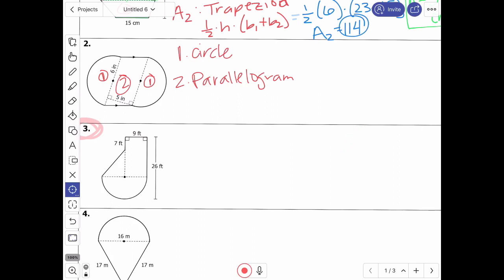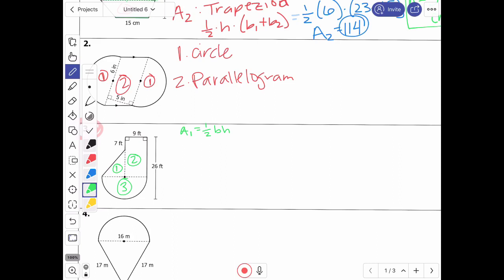For 3, I automatically see 3 regions. So I see a triangle here, 1. I see a rectangle, and I see a circle, or a half circle. So for the area of figure 1, my triangle should be 1/2 times base times height.